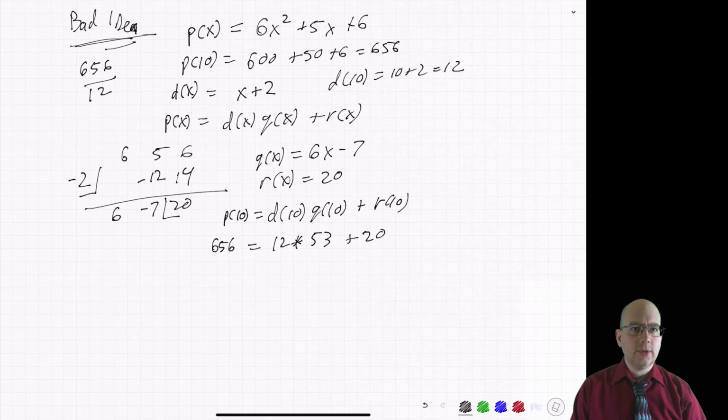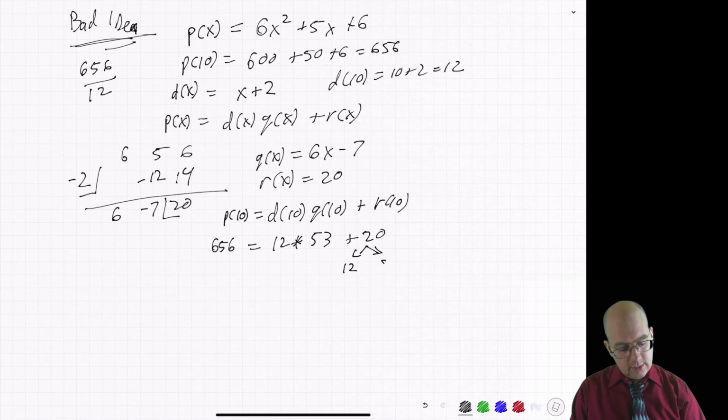Remainders are supposed to be less than the divisor. And this is where the method kind of breaks down, because that remainder could be any size. It's not really constrained, and you need it to be. Anyway, so 20 is 12 and 8, and so this is 12 times 54 plus 8.